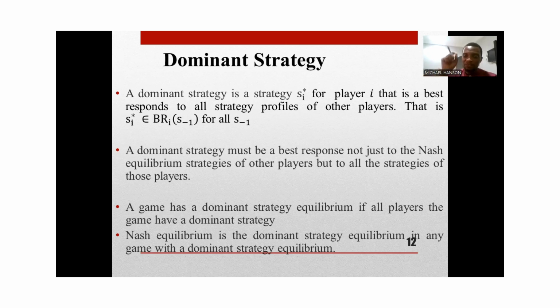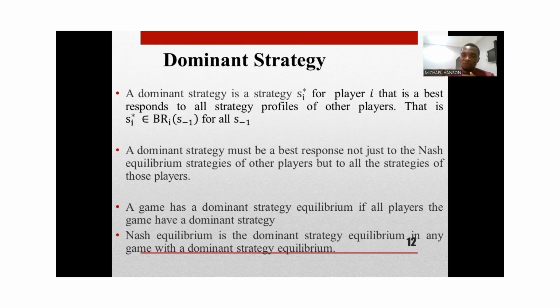That means that the star strategy is the best response to all the strategy profiles of the other player. And so a dominant strategy always has to be that best response no matter whatever strategy the second player plays. It usually leads to what we call the Nash equilibrium, but not necessarily. It's a necessary condition, but not a sufficient condition.